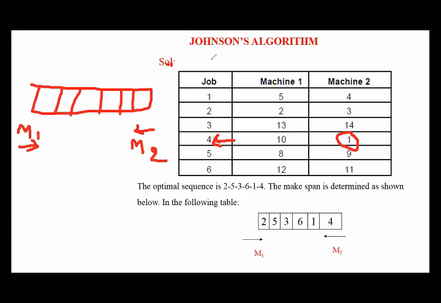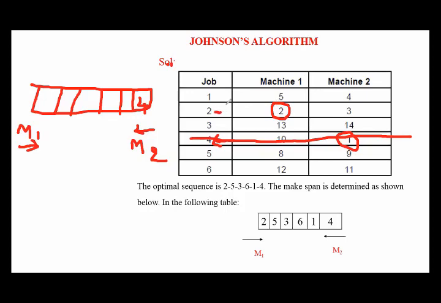This is Johnson's algorithm. First, we identify the minimum time. Here, the minimum time is at machine 2, job 4. So we simply write that the sequence here is 4. Then we remove this row for further iterations. Then we identify the minimum value, which is at machine 1, job 2.